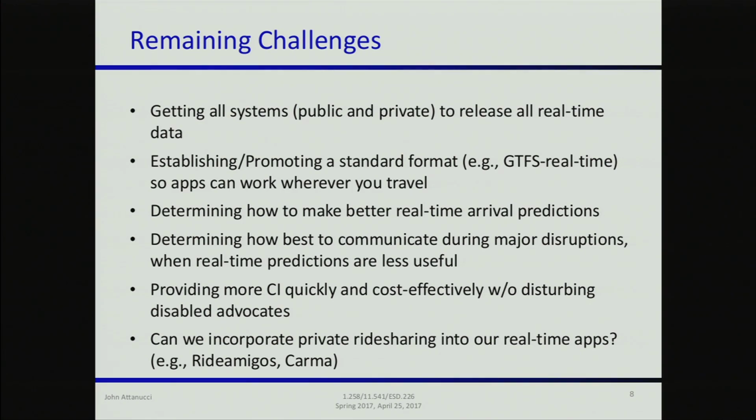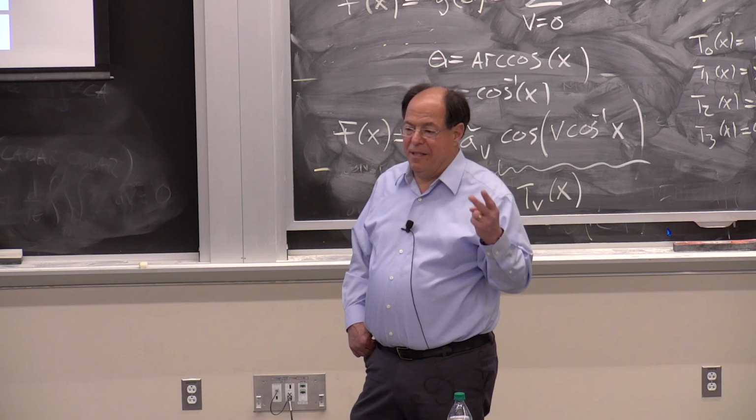The standard format for the schedule data is pretty much established, the General Transit Feed Specification, but the GTFS real time is not that well established. Most cities that provide real-time data to the public do it this way, but they sometimes do it in a different way. Actually MBTA has two formats.